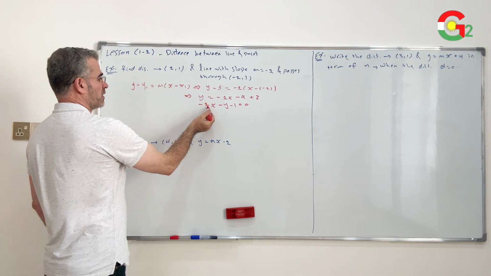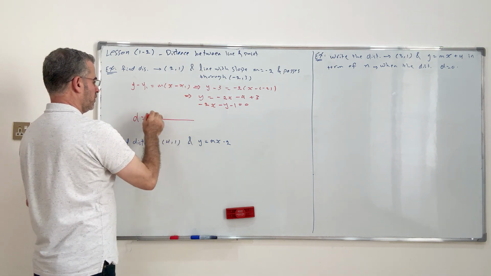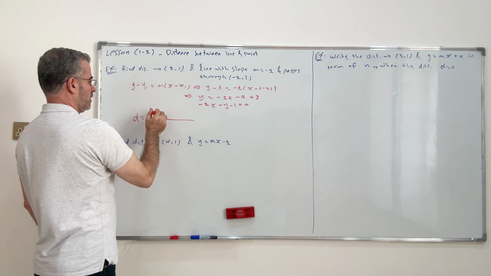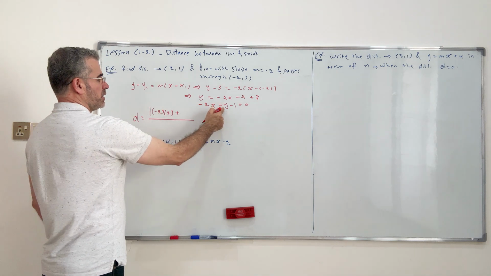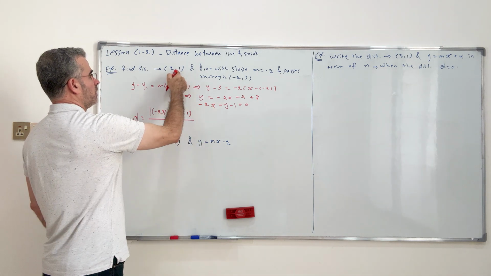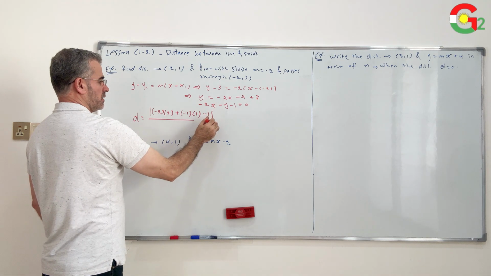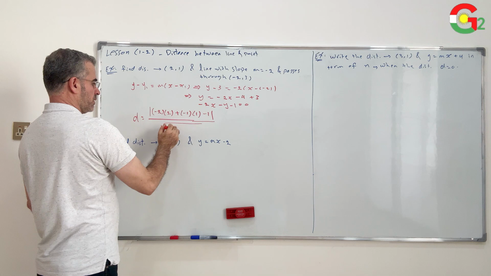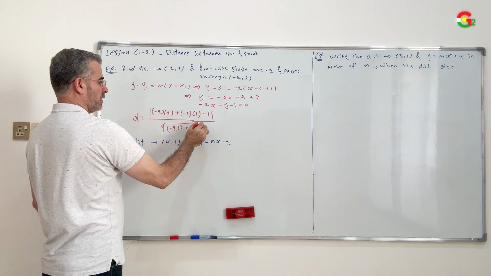The distance between this line and this point is distance equal to absolute value a x1, -2 times 2, plus b, -1 times y1, plus c, -1, over square root a square, -2 square, plus b square, -1 square.